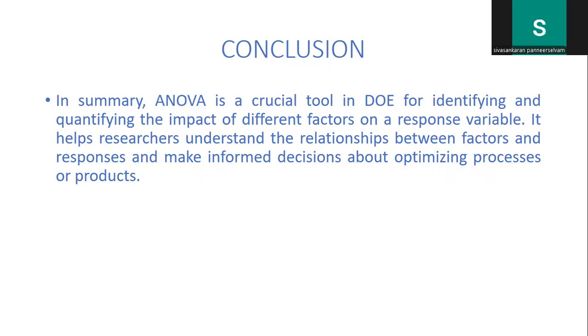Based on that, we can understand the relationship between the factors and the output response variable, and we can make much more reliable decisions about optimizing processes or products. So this is how ANOVA experimentation can be solved either manually or using Minitab software.